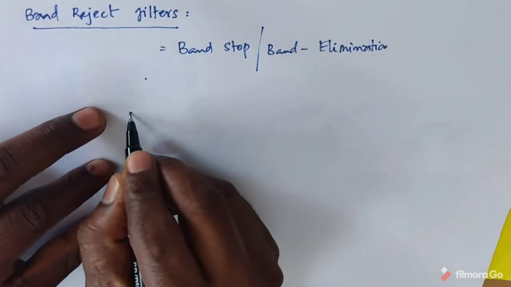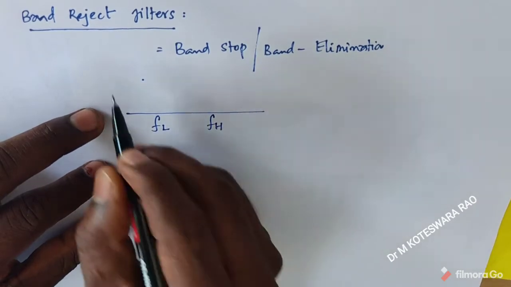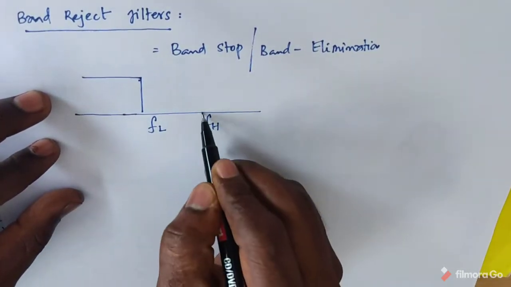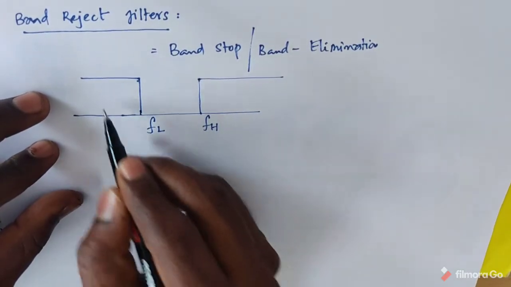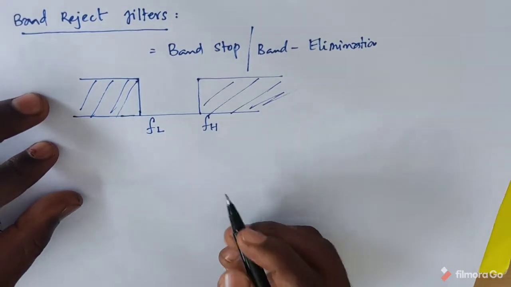Simply, you can take it as having two cutoff frequencies FL and FH, but you can't reduce the noise in between FL and FH. You can eliminate the noise up to FL and above FH. Like that you can consider this.